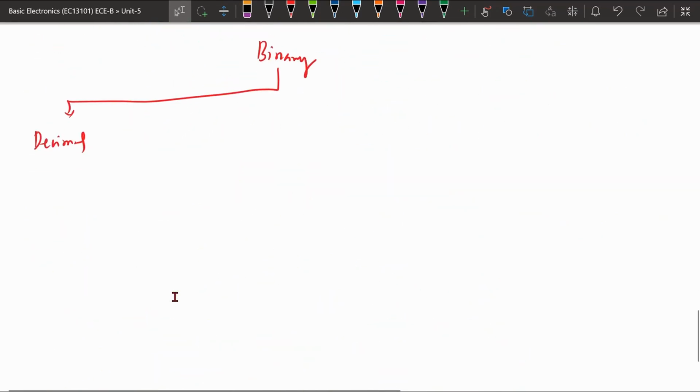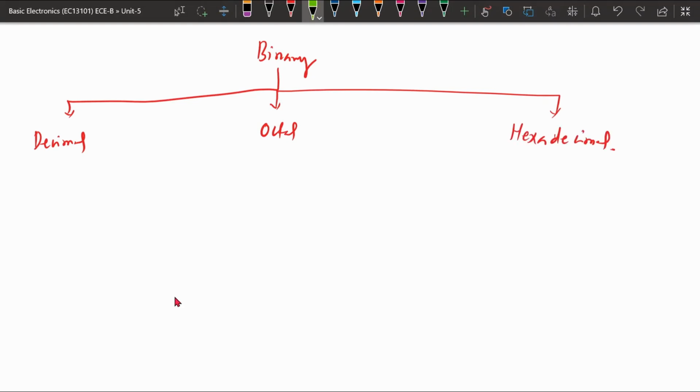Yes. So we will now be converting binary to decimal, then octal, and then again hexadecimal. Any number that is given, that is a binary number, we will represent it with the help of its equivalent in decimal.